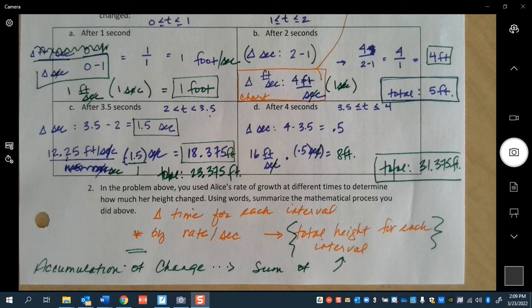I multiplied it by that rate of change. And notice my seconds, if I have a rate of change of 4 feet per second times 1 second, that tells me how many feet. That whole distance is rate times time. That rate times time gives me my total distance traveled. So that is her total height for each of these intervals. When I added them all up together, that is what we call the accumulation of change. Sound okay?